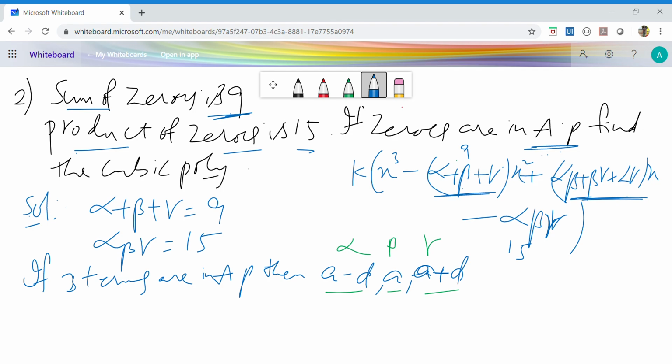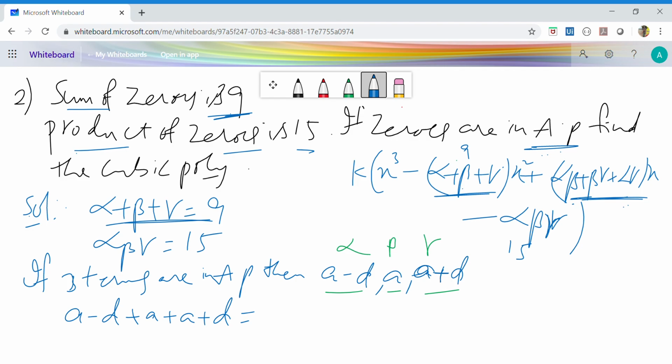Then what is the sum of zeros given? Alpha plus beta plus gamma is equal to 9. So what can I write? A minus D plus A plus D. Analyze how to solve this. Zeros are given, product is given. If you keep the AP condition aside, how can you write the cubic polynomial? But here alpha beta plus beta gamma plus alpha gamma you have to get.